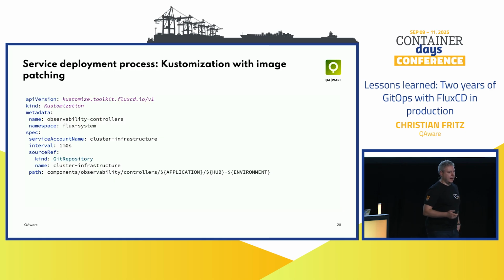Here is a short example of how to add the RBAC instructions. Here is the service account name, and Flux will use this service account to deploy everything in the cluster. So that's the point where you can restrict a repository to only one namespace, for example.